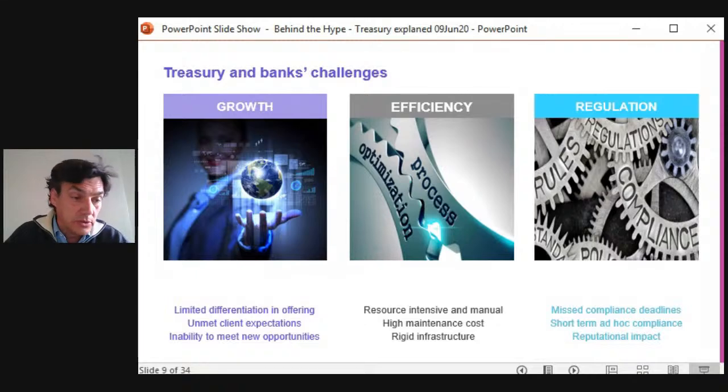And the last one is about the regulation, and this regulation has been a major problem for banks since the last crisis in 2008, and it's still continuing to be a problem because they need to follow the regulators, and they need to be able to apply the latest changes. And there have been with COVID-19 many changes.